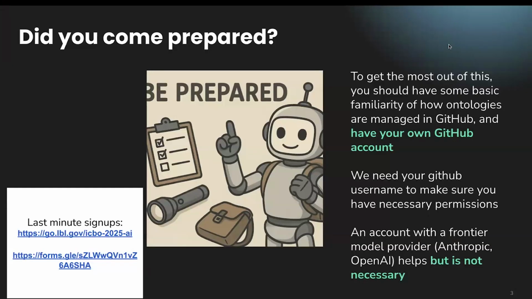If you go to this Google form below, or you can find the Google form in the Google Doc for this tutorial, which has this URL, golbl.gov/ICBO-2025-AI. And even if for some reason you don't have a GitHub account, you can still follow along and you'll still get things out of it, I hope.